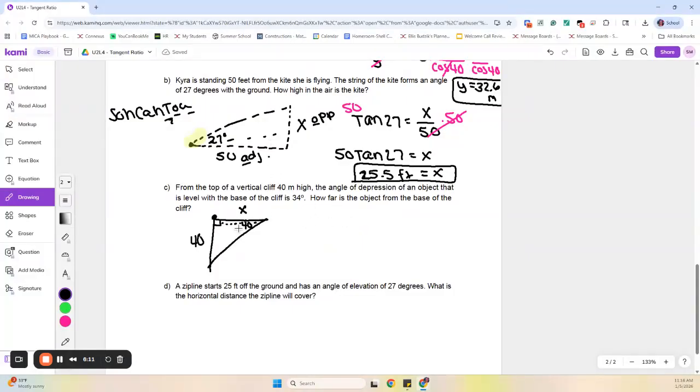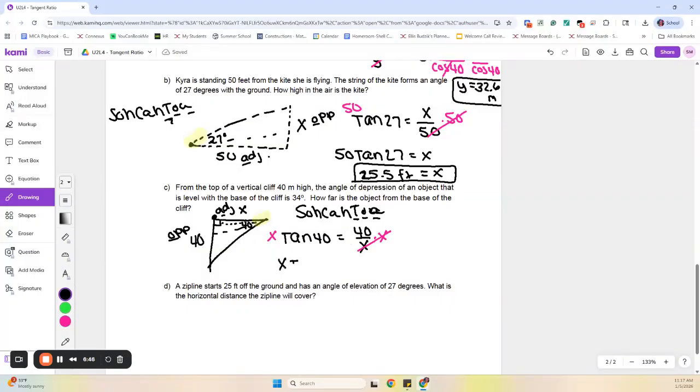So this is our angle. Across from our angle, we have our opposite. X is right next to that angle, so it's going to be adjacent. So again, with SOHCAHTOA, we got O and A. O and A go with tan. So I get tangent of my angle, which is 34, equals my opposite, which is 40, over my adjacent, which is x, multiplied by my denominator.